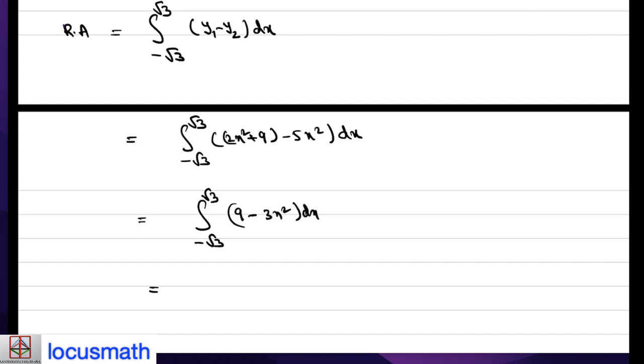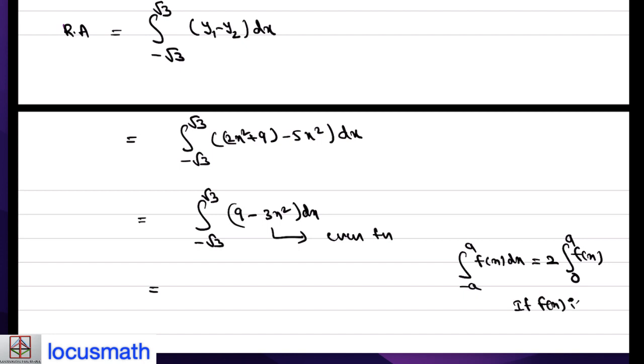Here 9 minus 3x square is an even function. We know the property that the integral from minus a to a of f of x dx is 2 times the integral from 0 to a of f of x dx if f of x is even. That's why you can write this as 2 times the integral from 0 to root 3 of 9 minus 3x square dx.